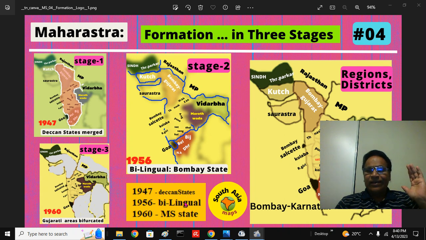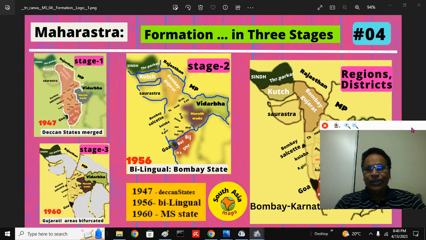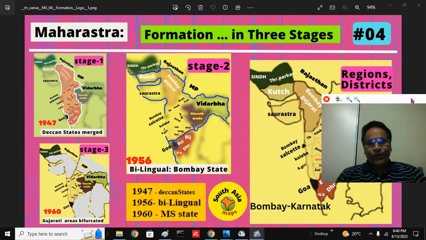In the SRA time, that State Reorganization Act of 1956, almost 9 years after partition, the state formed was the bilingual Bombay state. 4 years later, it is the unilingual Maharashtra state. We will look at these 3 stages of the state formation today.